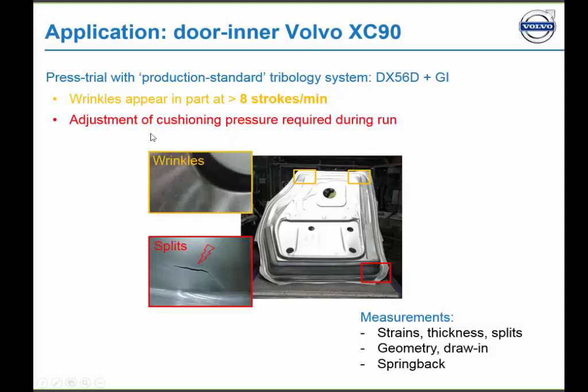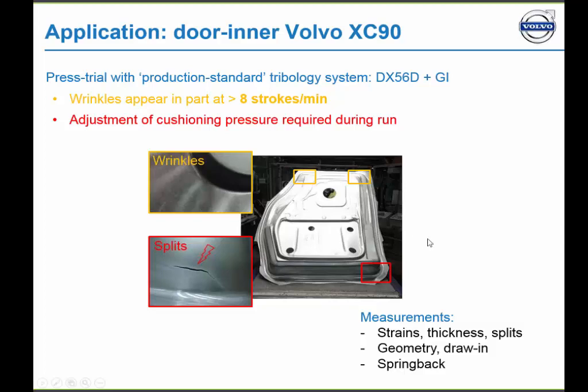And if they remain at 7 strokes per minute, then at a certain moment, after 200 or 300 parts, they will have cracks in the part at this location, which is depicted by the split as given in this figure.